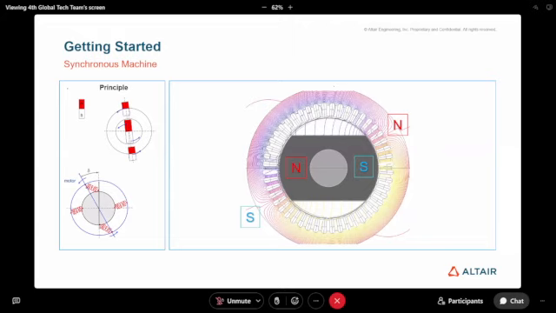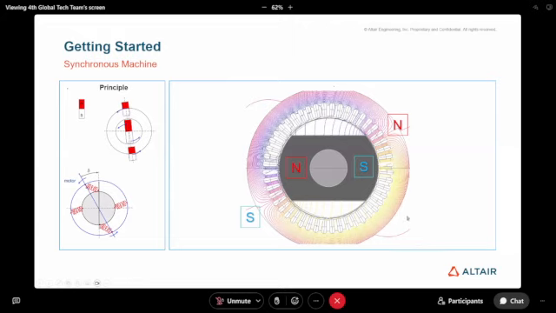Okay, so if it moves with it, it will move with the same speed. Then it will be a synchronous machine, and since there is reluctance on the rotor, it is a synchronous reluctance machine.